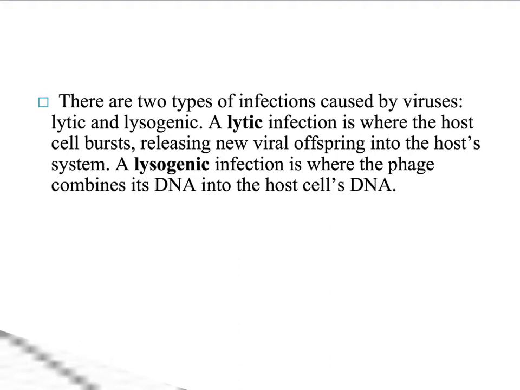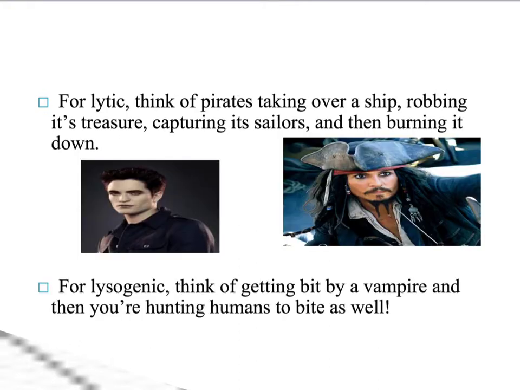Bad news bears. Now don't get too stressed out about it. So here's a good way to remember it, because you definitely have to know the differences on the test. For lytic, you can think of pirates taking over a ship, robbing its treasure, capturing its sailors, then burning it down. So it's going to destroy the host cell. That would be here, example A of a man wearing makeup, Johnny Depp.